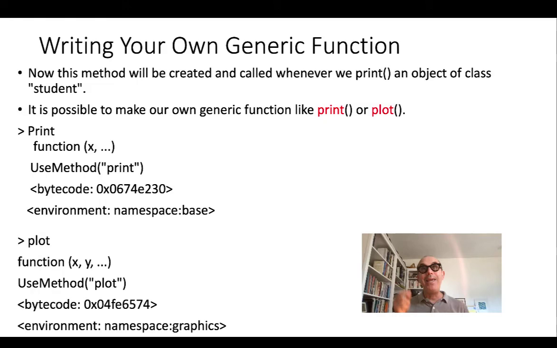When you're going to write your own generic functions, this is what we're going to do: print the object of class, in this case student, as the previous slide showed. It is possible to make your own generic function like print or plot. So in this case, the print function contains a data set, and uses UseMethod with print, embedded in the environment.